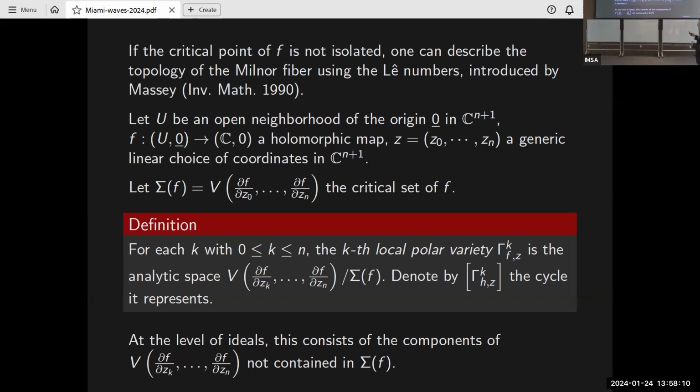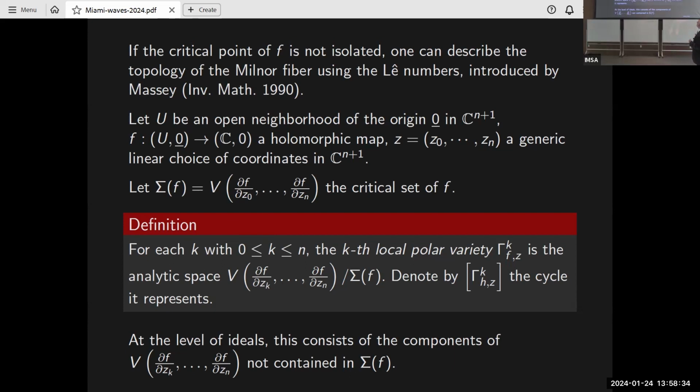The Lê numbers were introduced by David Massey, and they are by definition the multiplicities of some analytic cycles, which are called Lê cycles. To define these cycles, they arise from the theory of polar varieties, which was developed by Lê and Teissier.